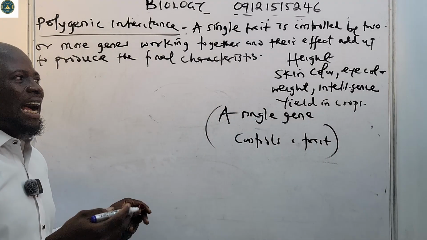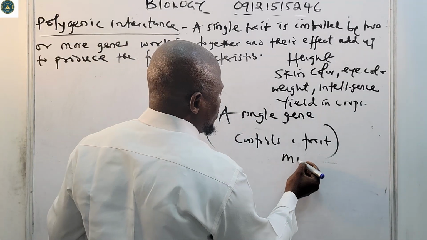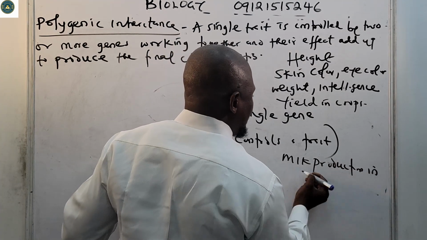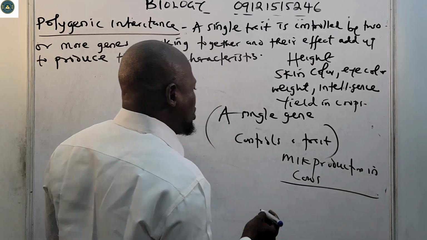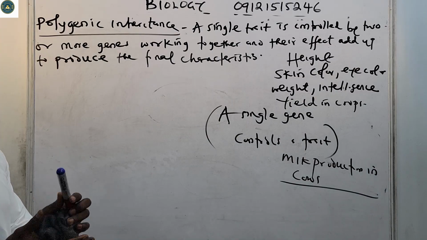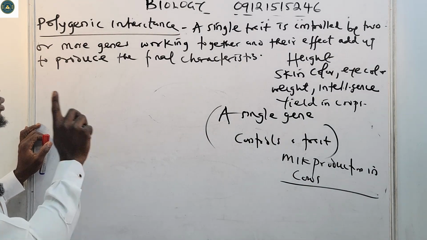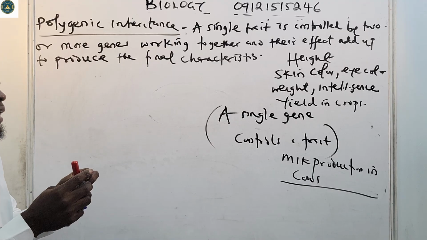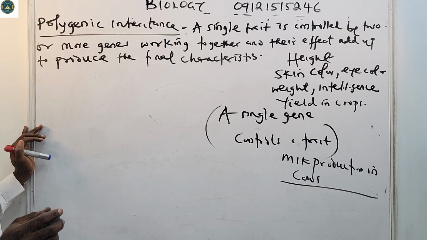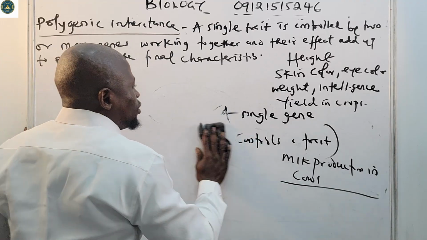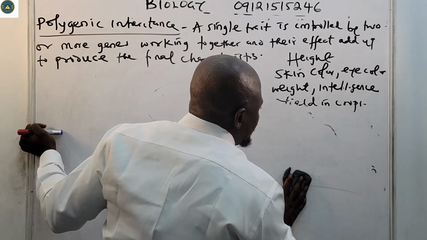Milk production in cows is also an example of polygenic inheritance. So please take note of all of that. A single trait is controlled by two or more genes working together and their effects add up to produce the final characteristics. Do not confuse it. Now let us look at crossbreeding.